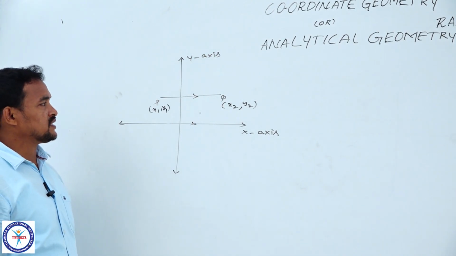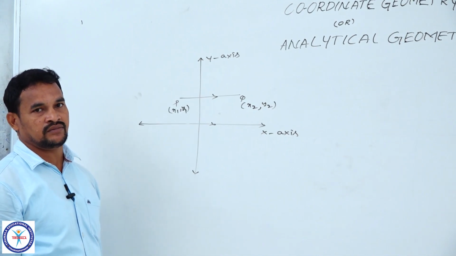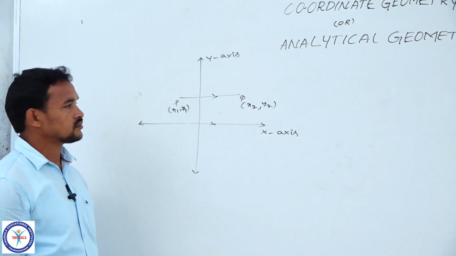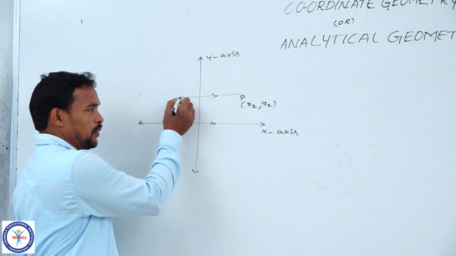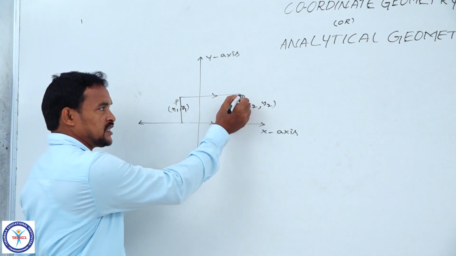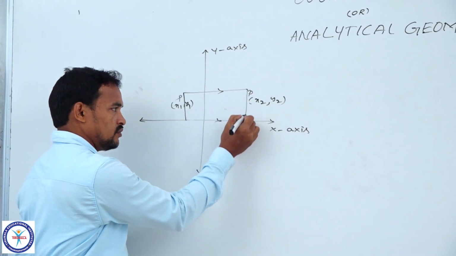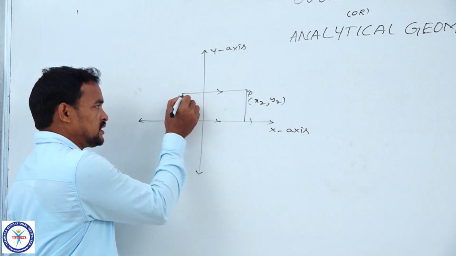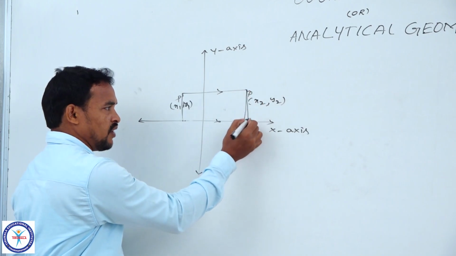in previous classes we already learned that if two lines are parallel, the perpendicular distance between them is always the same. So that's why the perpendicular distance from P to the x-axis and the perpendicular distance from Q to the x-axis are both the same. This perpendicular distance is y1, and this perpendicular distance is y2.